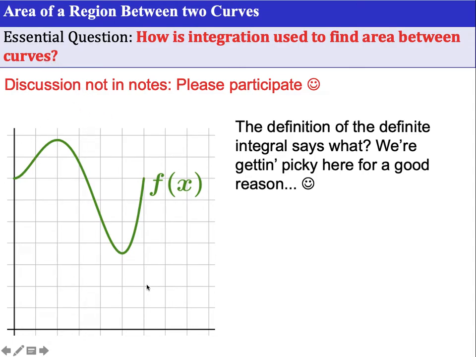This is not in your notes, but we're just going to discuss this. Obviously, you can't participate because we're not face-to-face right now. We know that the definition of the definite integral says exactly what I just said.